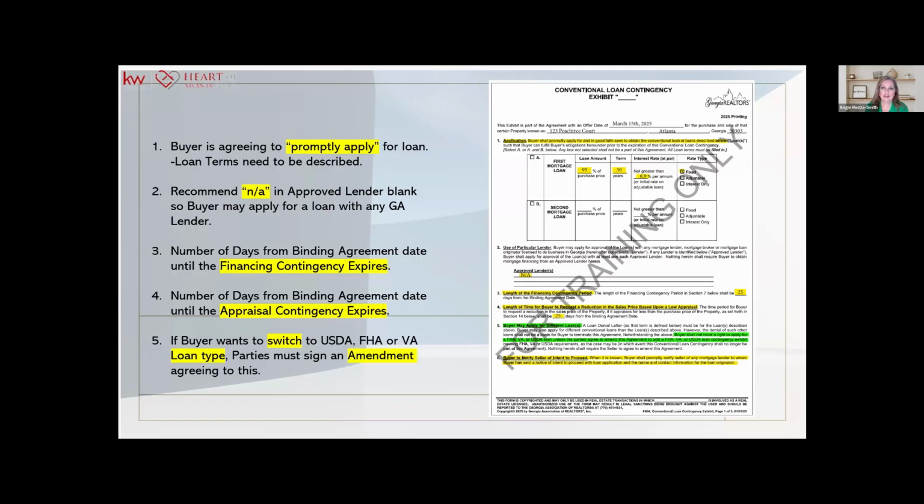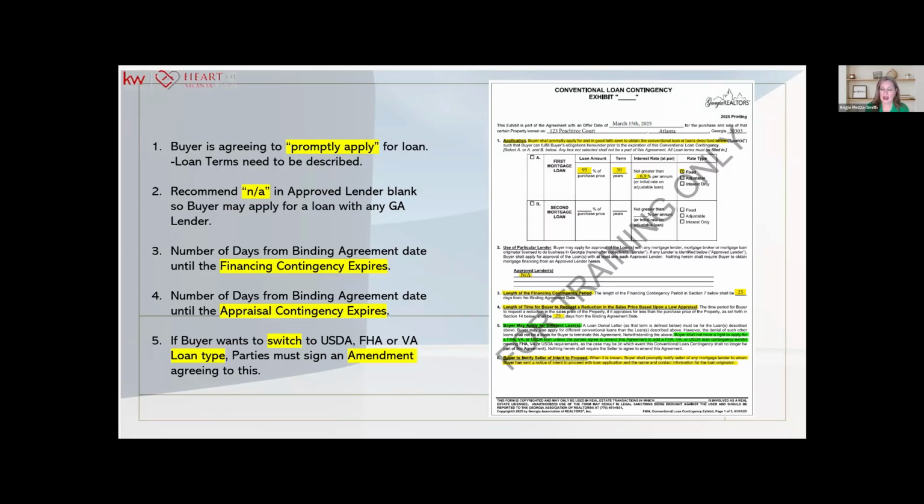The ones that have expirations are going to be the conventional, the USDA, and the no financing contingency appraisal language. Those 3 appraisal contingencies are all going to work the same and be pretty much word for word the same. So again, conventional, USDA loan, and no financing contingency exhibit, which has an appraisal contingency in it, all have a prior to closing deadline that you have to specify, which is the term of the appraisal contingency.